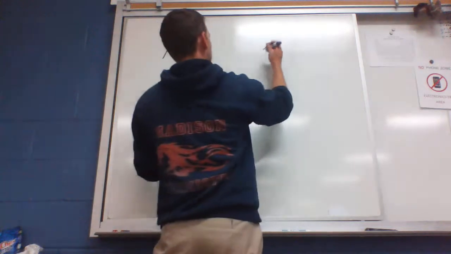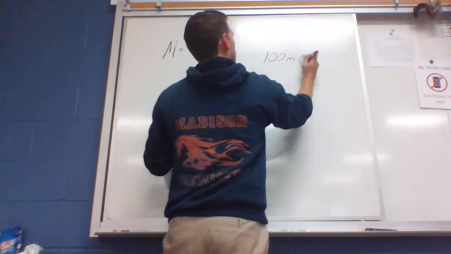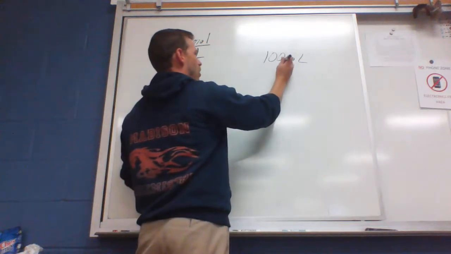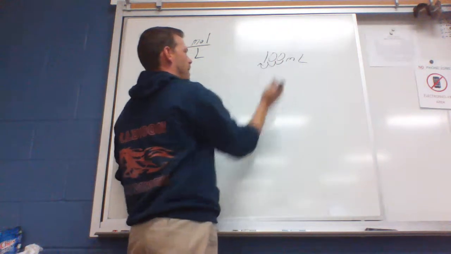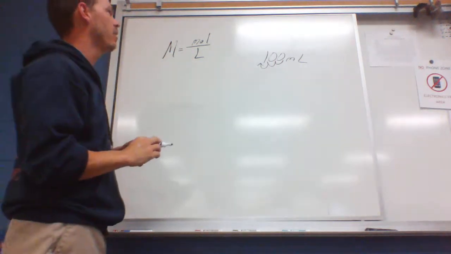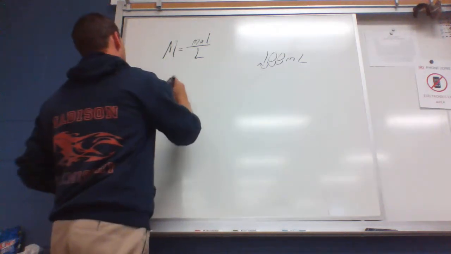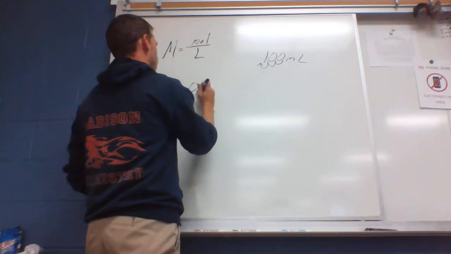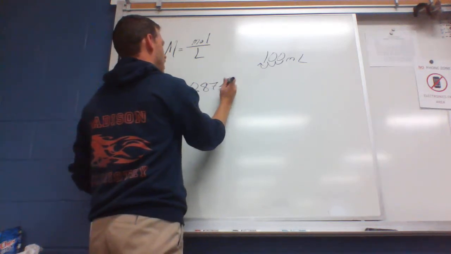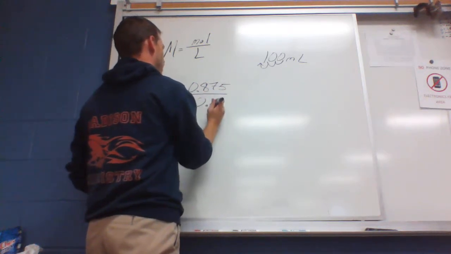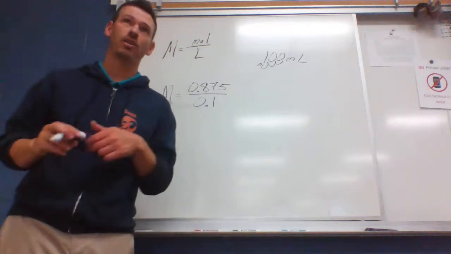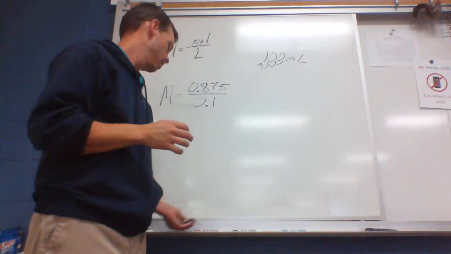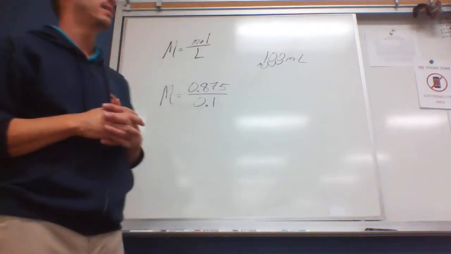So it gave you 100 milliliters. Remember, to turn that into liters, you divide by 1,000. In other words, you slide the decimal to the left that many times. So really, the work becomes molarity equals your mole count of 0.875 divided by 0.1. What's the correct answer? 9. 9 molar.